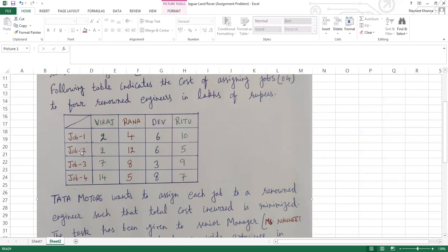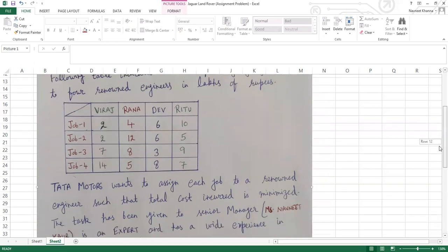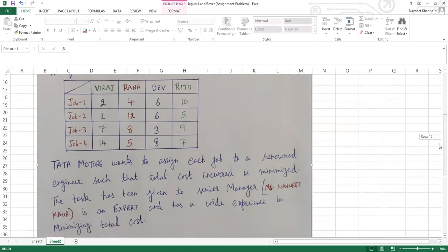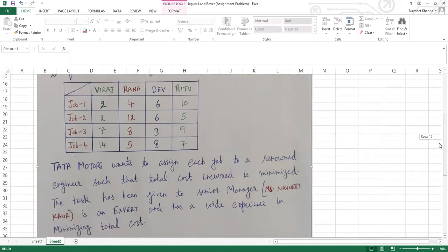Similarly, job 2 can also be assigned to Viraj, Rana, Dev, or Ritu, meaning any one of the engineers. If the first job is assigned to Viraj, then for the second job we are left with 3 possibilities, right? So, if there are n jobs, then in n factorial ways you can do this distribution or assignment.